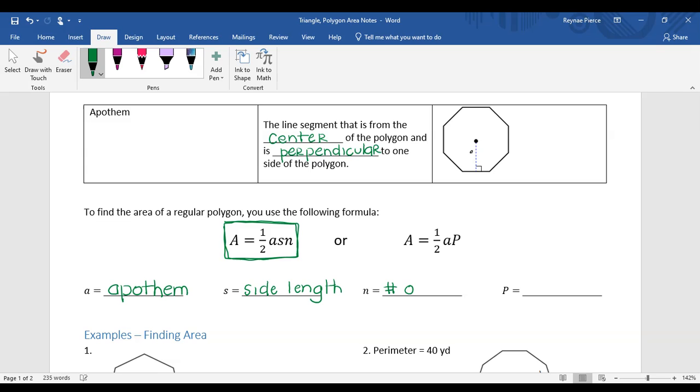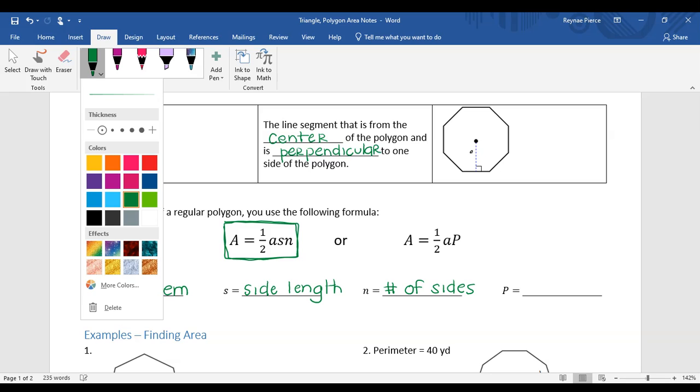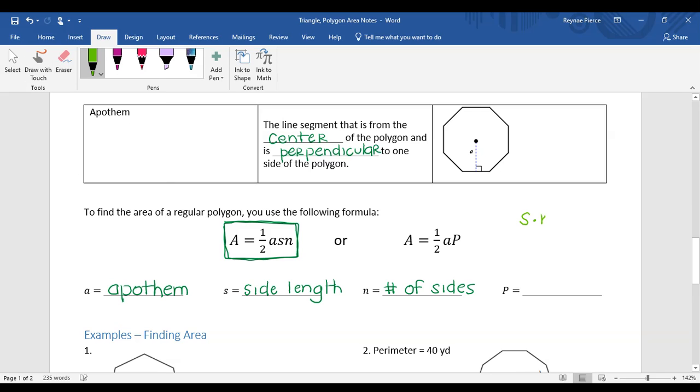N represents the number of sides. In a regular polygon, if we take the side length times the number of sides, which is this last little portion here, that actually tells us our perimeter.